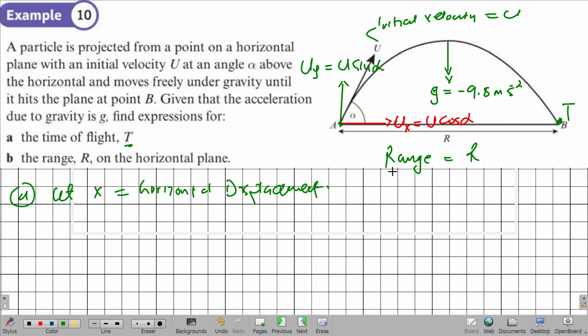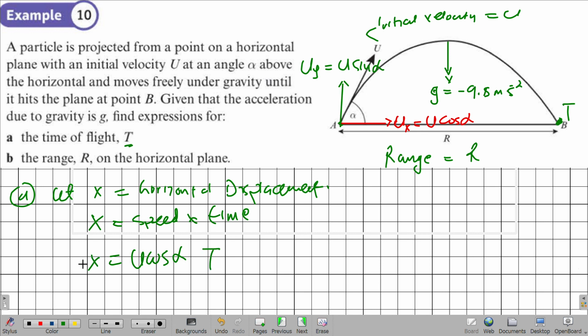So since we know that the horizontal distance is moving, because the particle is moving at a constant velocity, because acceleration is zero on the horizontal side, x can just be equal to, which is the distance is equal to speed times time, which is just going to be equal to u cos alpha times the time.